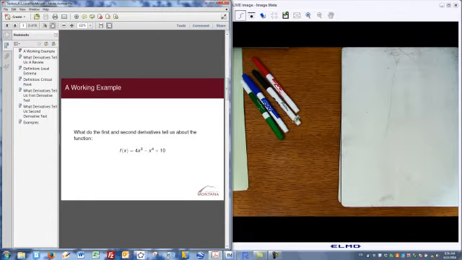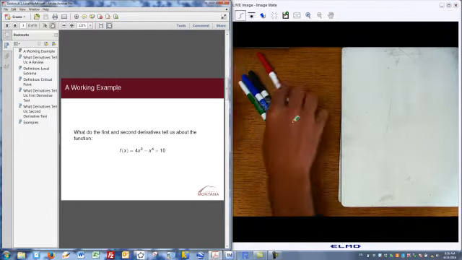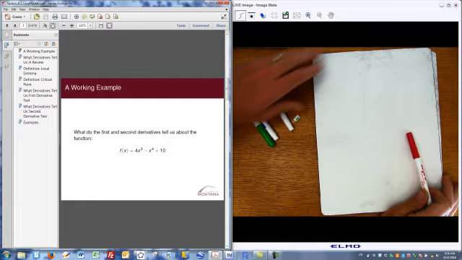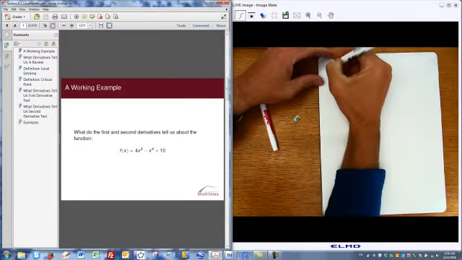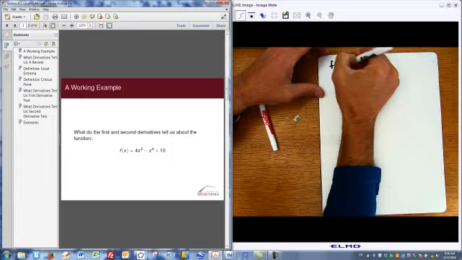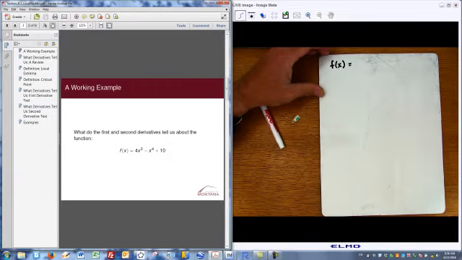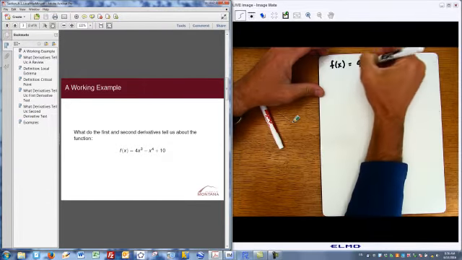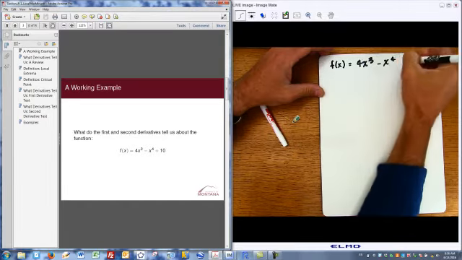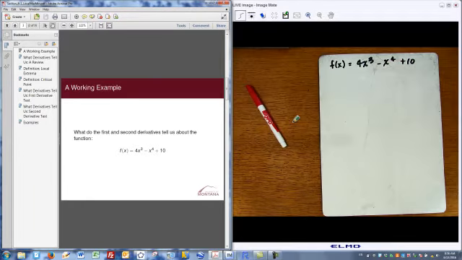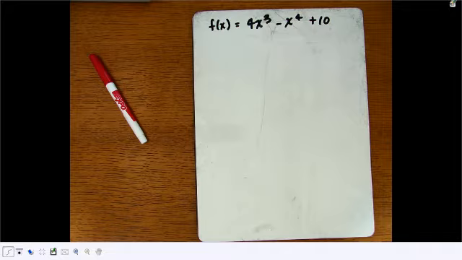So what do derivatives tell us about this particular function? So f of x is equal to 4x to the third minus x to the fourth plus 10. I'll go ahead and make this bigger so we can see it now.